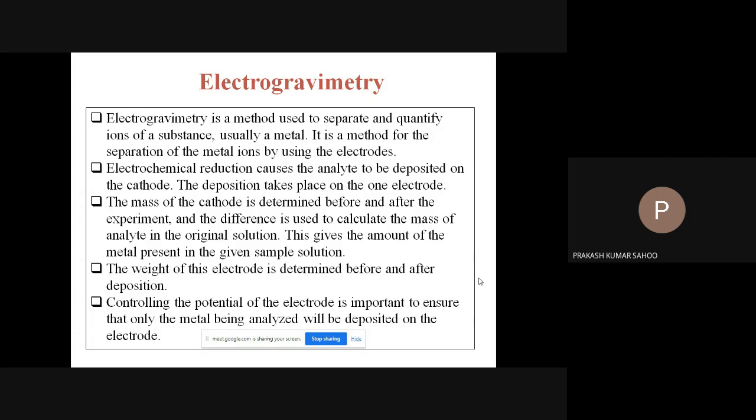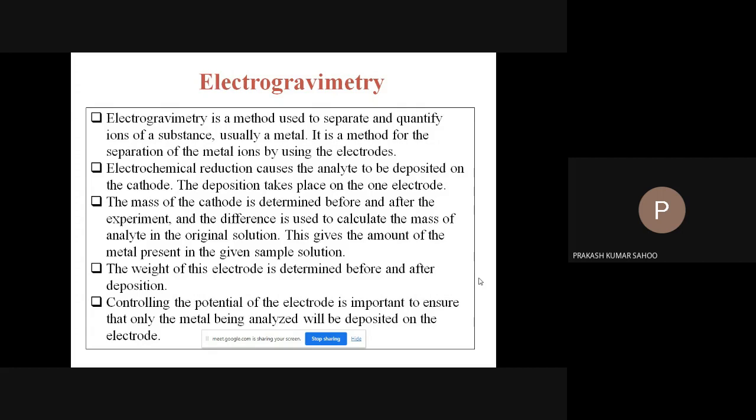So the difference in weight of the platinum electrode is the amount of metal present in the solution. So this is a gravimetric estimation, or estimation by weight, of the metal present in the sample solution. Electrochemical reduction causes the analyte to be deposited on the cathode.